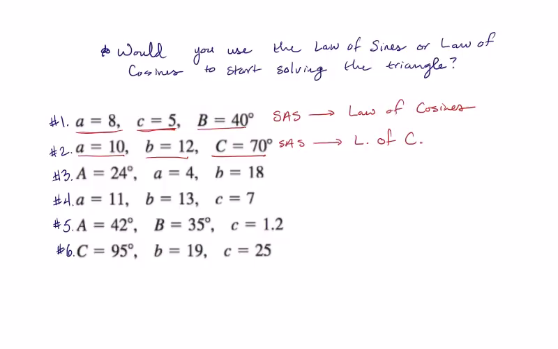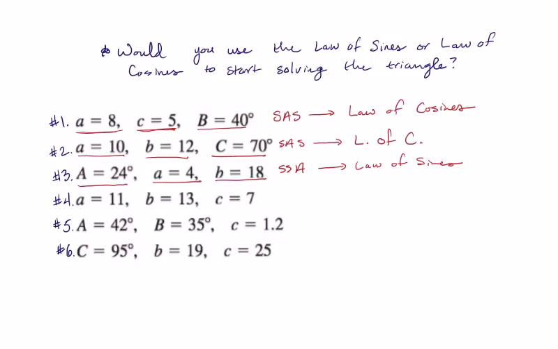All right, so we've got angle A, it's acute, and then I have side a across from it, and I also have side b, which would be adjacent to it. So I actually do have side-side-angle, so I am definitely going to use law of sines. Now, whether I have 0 or 2 triangles, I'm not sure.